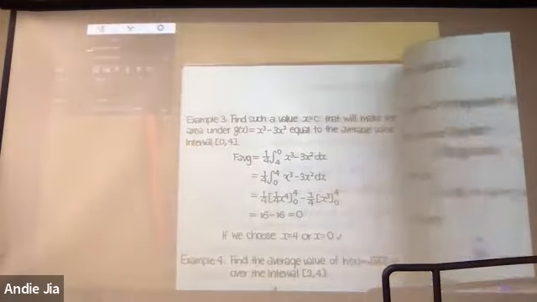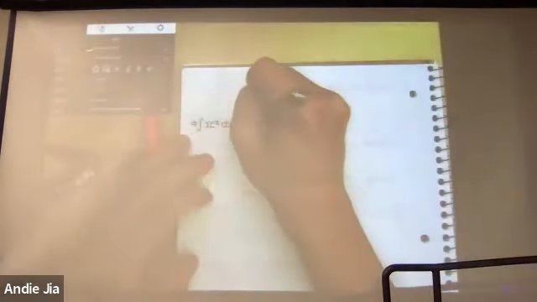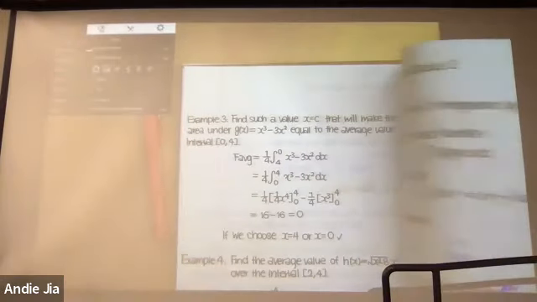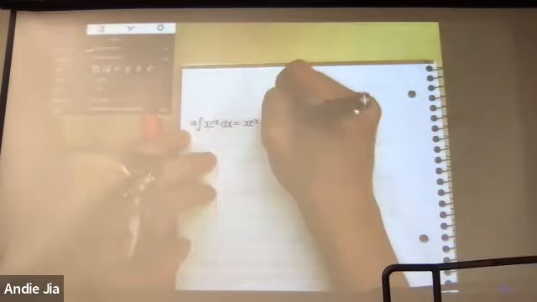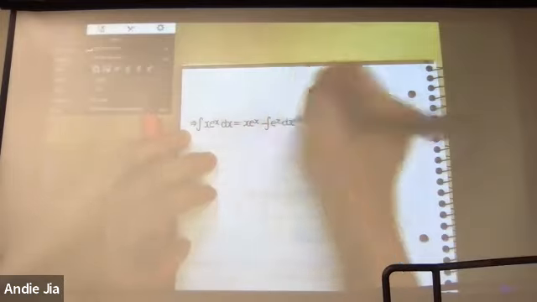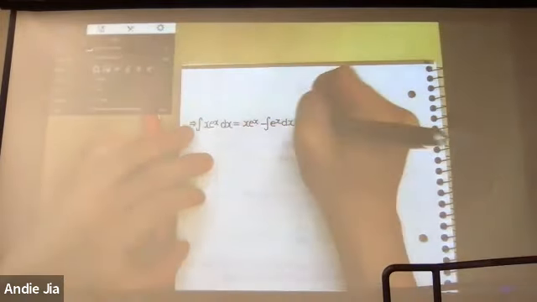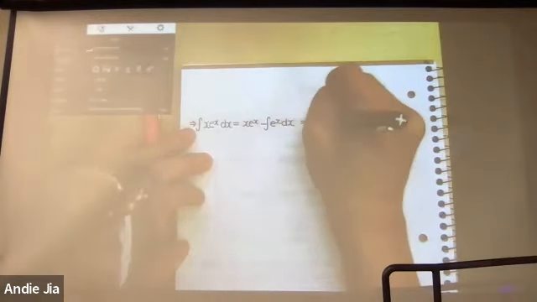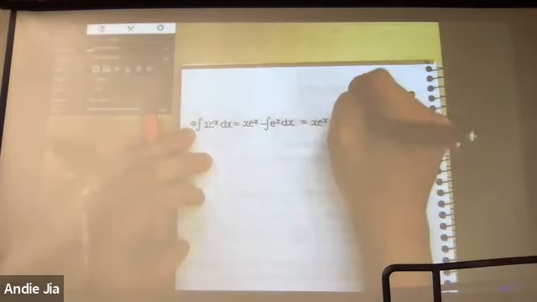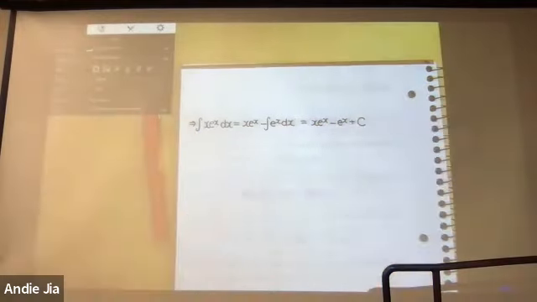So uv is x e^x minus the integral of v du, e^x dx. So it is just x e^x minus e^x plus the constant of integration.